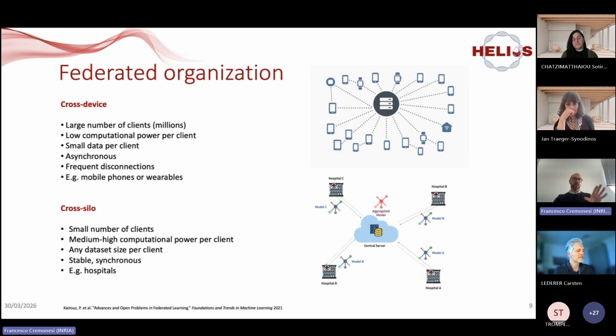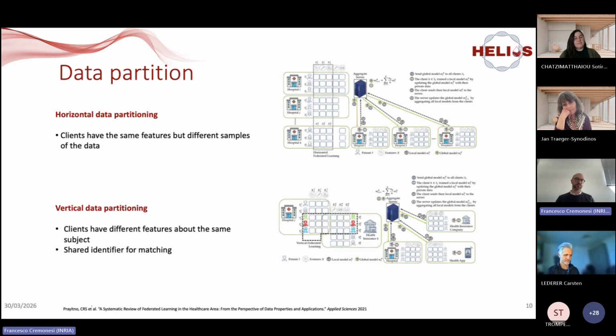And so keep in mind that from now on, I will be mostly talking about cross-silo federated learning, even though the literature, I would say, is actually split, maybe 50-50 among the two. But typically, when we're talking about medical data, most of the time it's cross-silo.